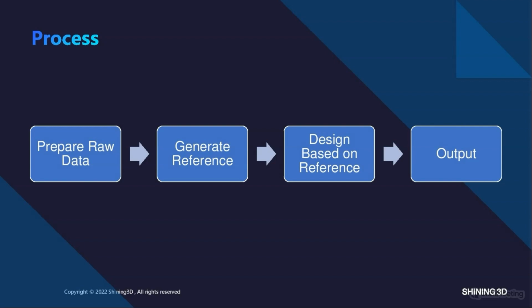And the final step for this process is output. Like I said, you can simply output the STL file for printing, or you can output a drawing for machining or other traditional manufacturing processes, or based on this CAD file, you can do more designing on it, like what they did for the wide body kit.